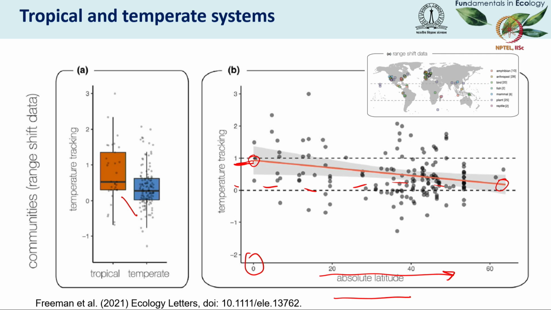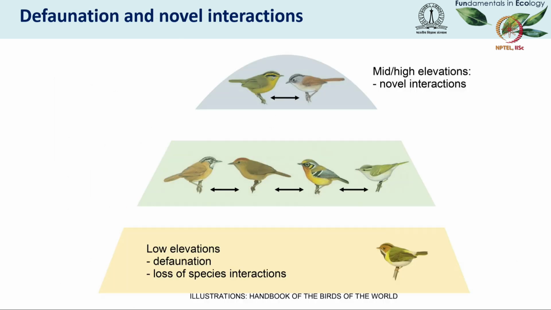And this indicates that tropical species are thermal specialists. They're adapted to narrow temperature ranges, narrow temperature spaces, and they might need to track temperatures faster by elevational range shifts than temperate species. However, what you're seeing with this is not just defaunation, but also the loss of species interactions.